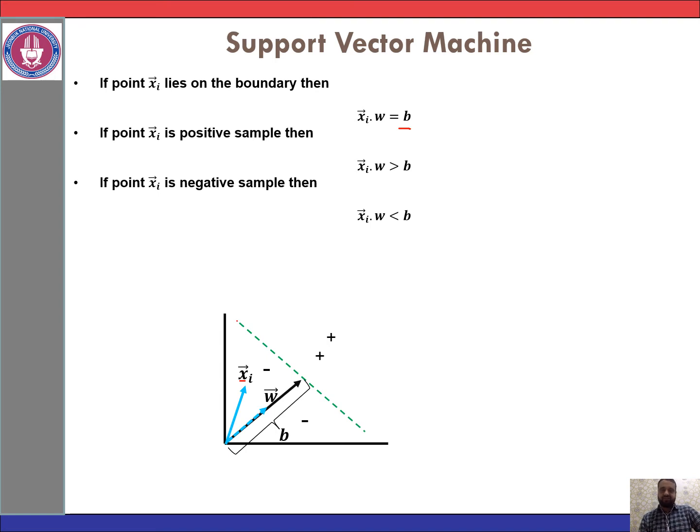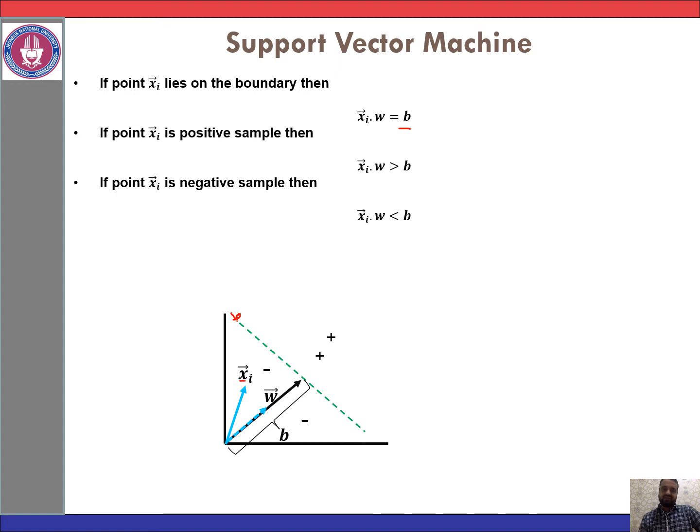But if this point xi lies on the positive side, then the dot product between xi and w will be greater than b, because b is this decision boundary, and if the dot product is greater than b, it will be considered a positive sample.